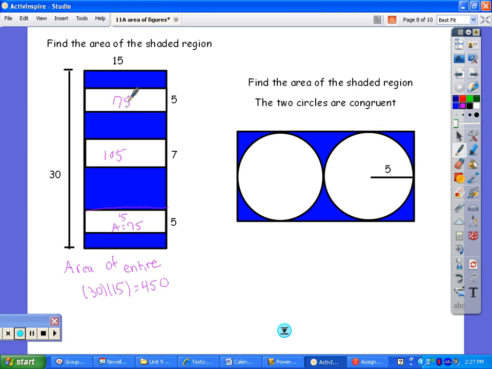So I'm finding the area of all our pieces, and then we would subtract from our total area, which is 450. So this is for the area of our shaded.